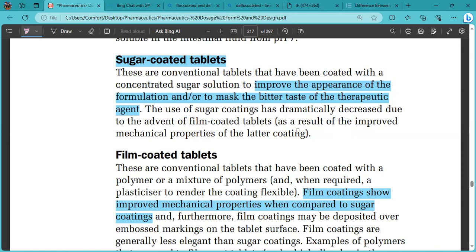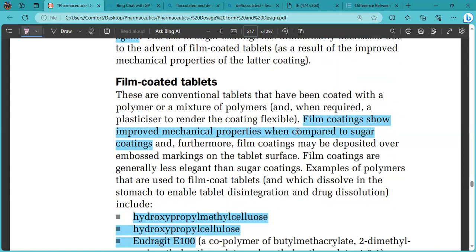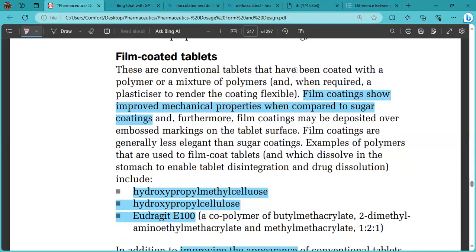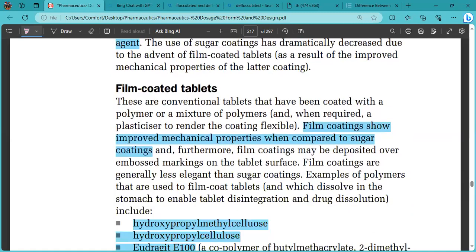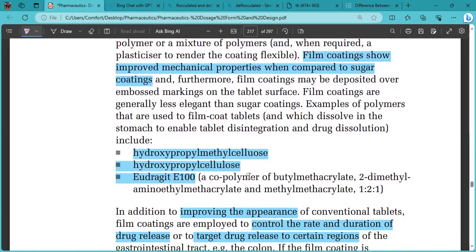So film coated ones were an improved version of tablet coating. Since they have improved mechanical properties, as I mentioned before, they were adopted more recently, and in current production they're used more often than the sugar coated tablets.